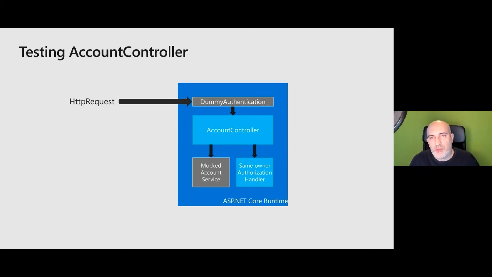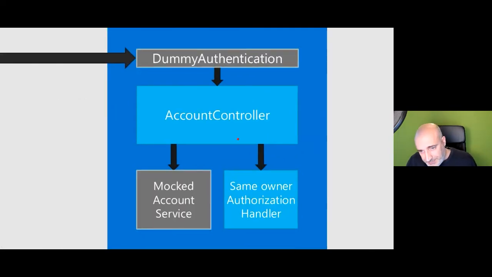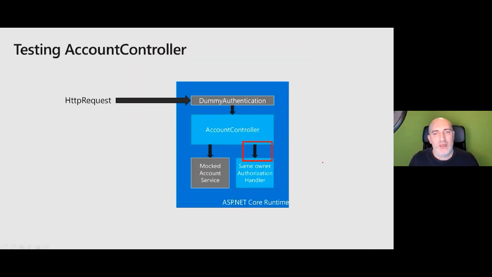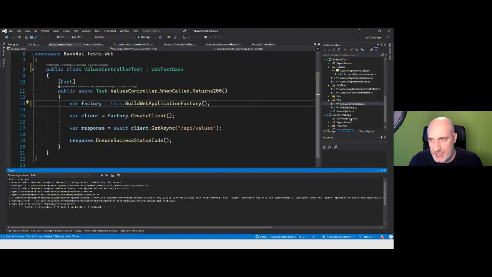So for example, we don't want to involve Azure Active Directory in our test. It would be just a mess, right? Dealing with tokens and things like that, right? So this is the idea. We're gonna use a dummy authentication, and we're gonna mock the account service, but we're gonna use the actual integration between accounts controller and the authorization handler to verify our logic. Okay, cool. So let's do it.